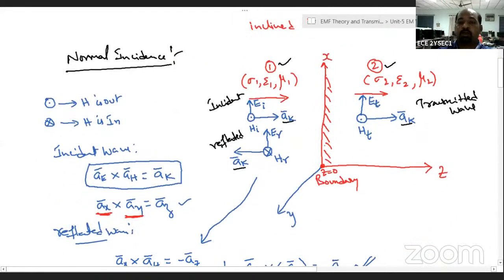This is the boundary here. At z equal to 0 is the boundary, and I'm assuming that the wave is propagating in the z direction.